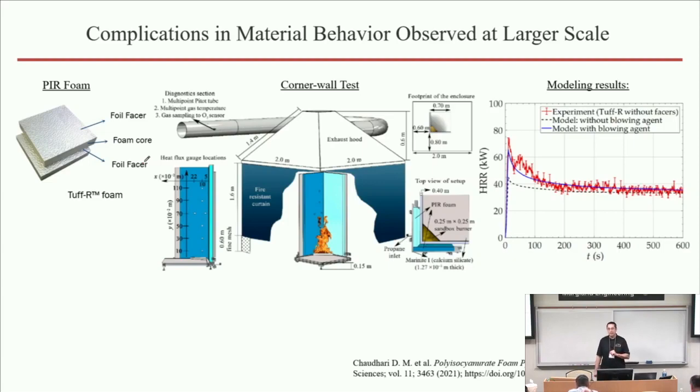I mean, ultimately, we would not want to do full-scale tests as a part of this process, right? Those are expensive, those are difficult to do, so we have to find another way. We have to find a way where we gain the understanding of what happens at full scale based on experiments, and appropriately incorporate it in our pyrolysis models. Right?